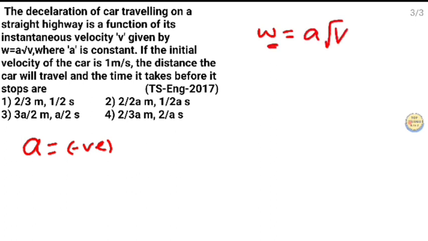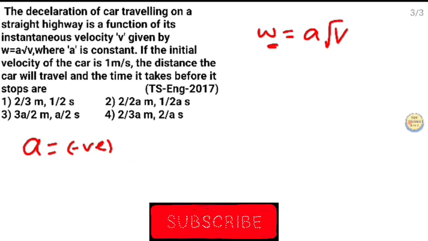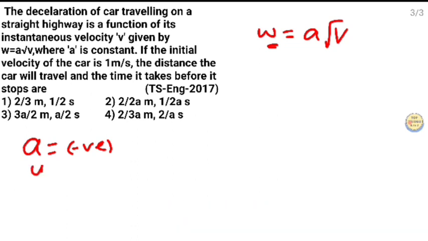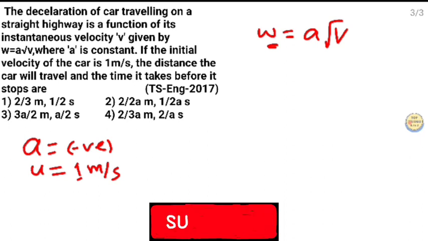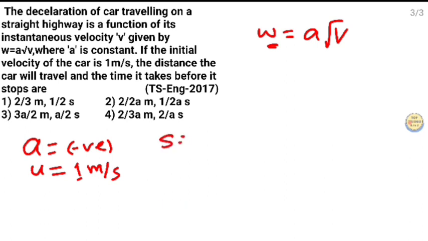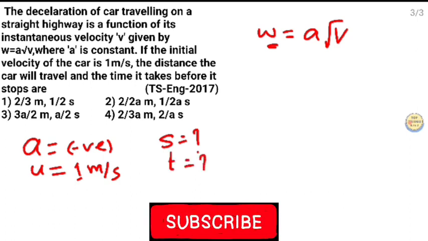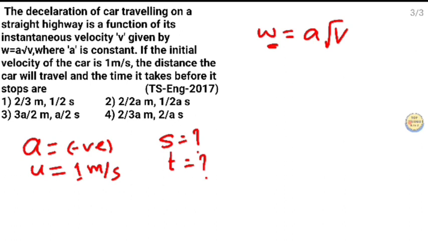This is the negative acceleration, and the initial velocity of the car, initial velocity u is equal to 1 meter per second. So the distance traveled by the car, s is equal to how much, and time taken before stop, t is equal to how much.